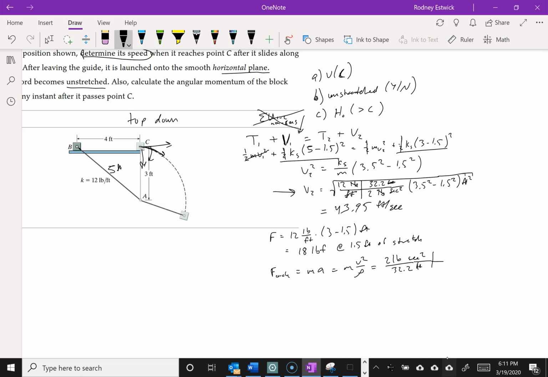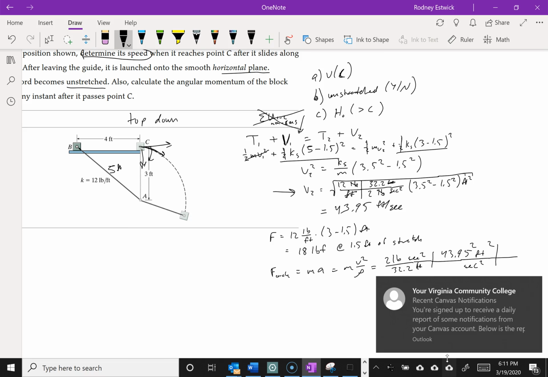Velocity, pretty fast over here, 43.95 feet squared, second squared. And I got to divide it by the radius. And if it stays at a circle when it comes out of there, the radius will be 3 feet.